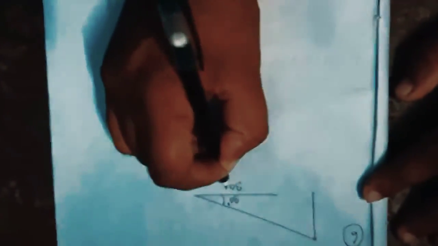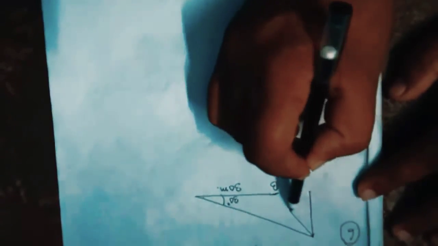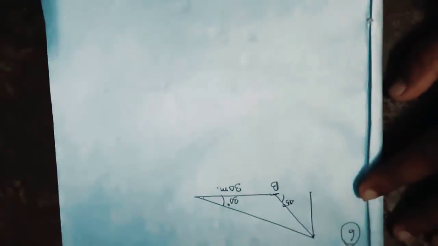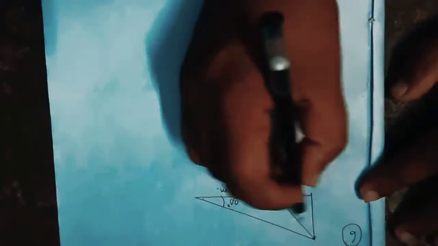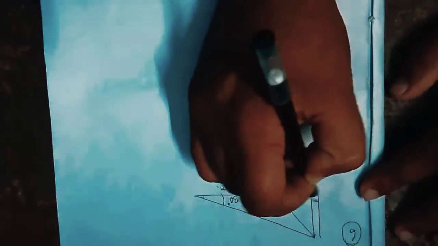On moving a distance of 30 meter toward its base, to the point B, the angle of elevation changes to 45 degree. Find the height of the building. We have to find the height of the building.